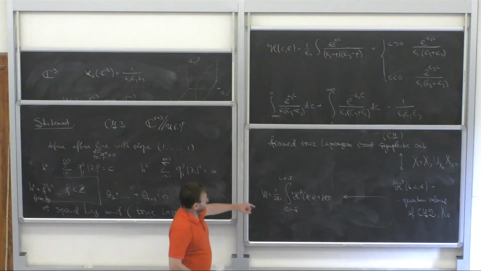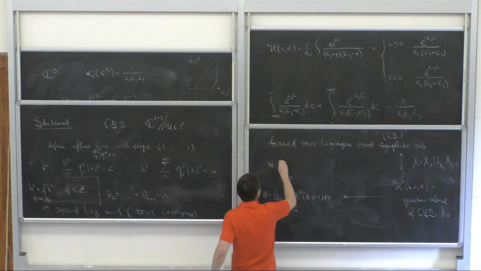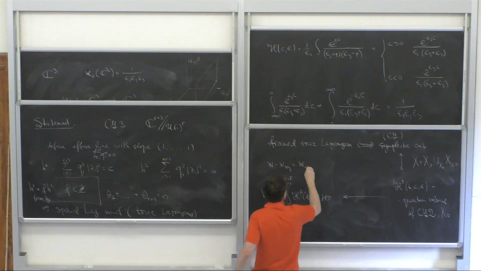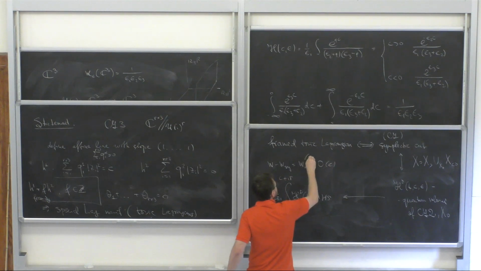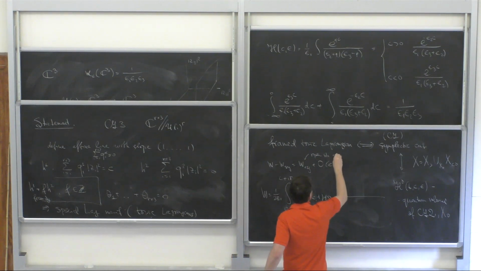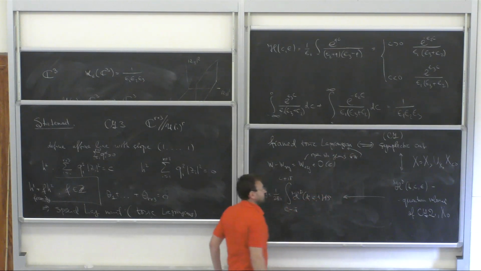And the claim is the following: if you take this W and take the singular part apart, so you look at the regular part plus terms of order epsilon, this is always the open string genus 0 Gromov-Witten for this Lagrangian in a fixed framing.